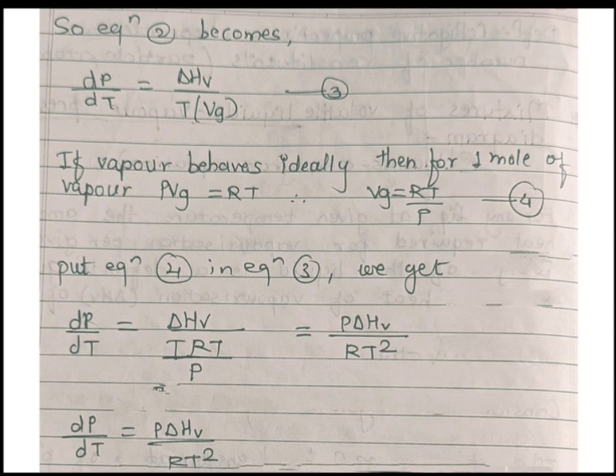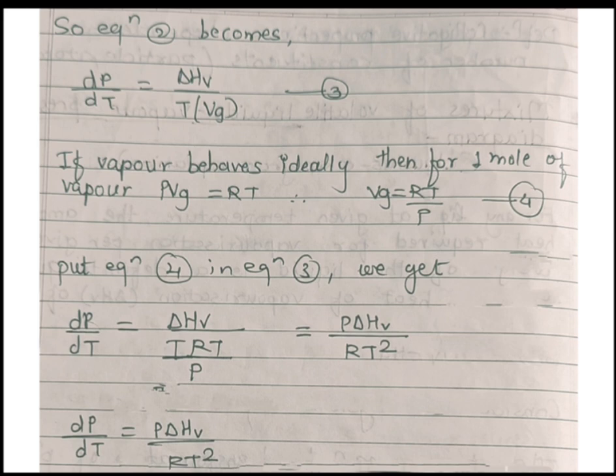If the vapor behaves ideally, then for 1 mole of vapor, P into Vg is equal to RT. As our ideal gas law is PV is equal to nRT, instead of V we can put Vg, and for 1 mole, n is 1.